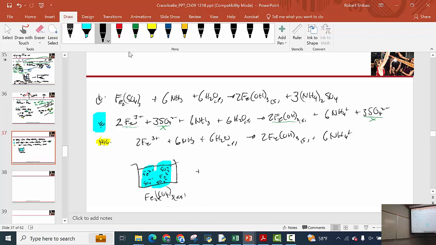In another beaker, I'm going to have my ammonia and water. Ammonia and water is going to consist mainly of ammonia.